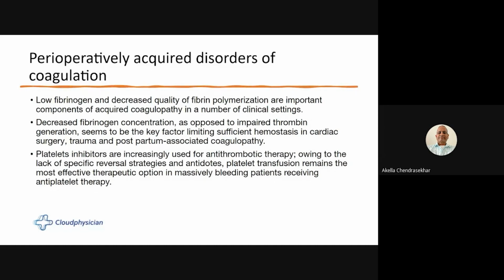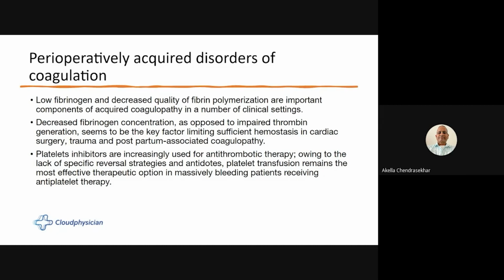TEG is something that is being used more and more. Now, we don't have it in India, but the issue that it brought up was if fibrinogen levels are even moderately low, they don't have to be extremely low, the ability to make clot and sustain clot is problematic. So, something to keep in mind.